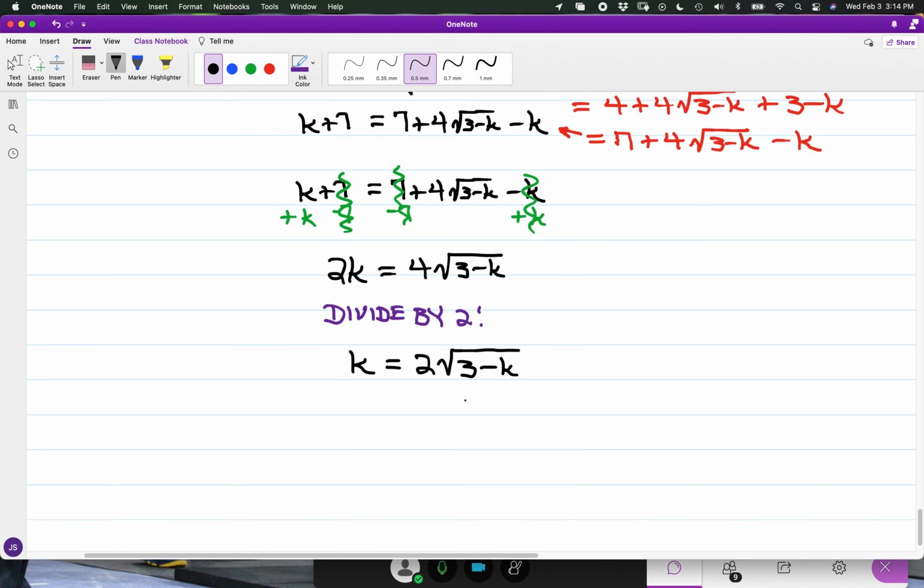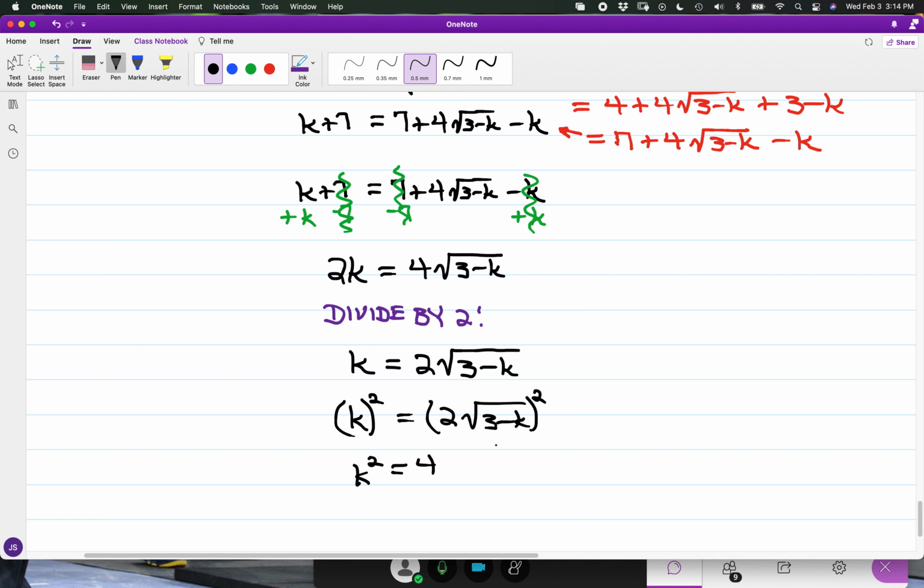And again, we still have squaring to do. So now we're going to have k squared is equal to 2 times the square root of 3 minus k, squared. And upon doing so you have 2 squared is 4.